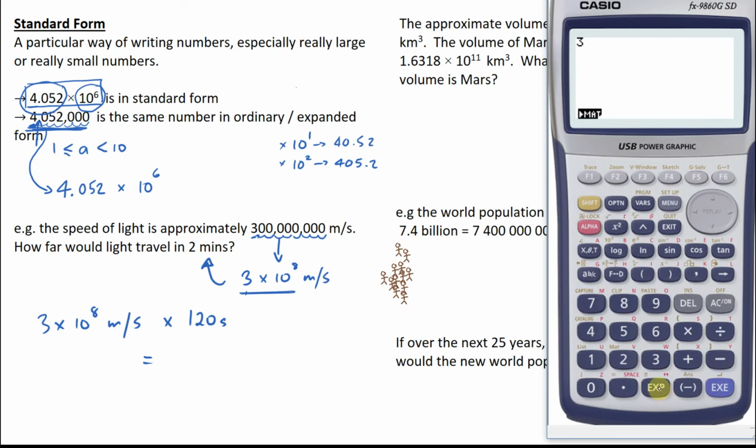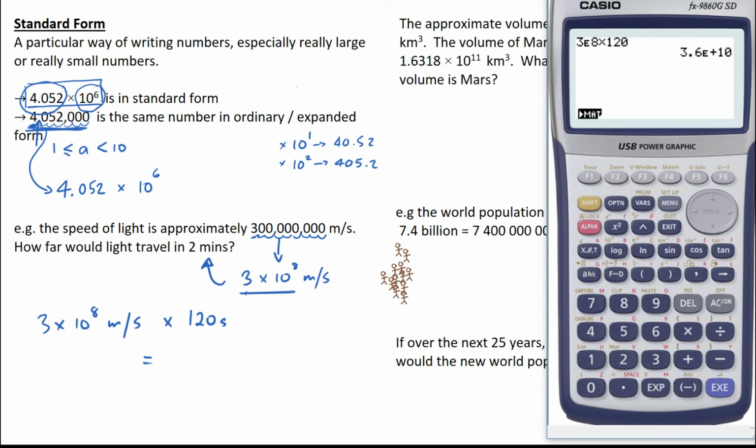All you do is press the EXP button and an E should appear on your screen. So what you've just entered into the calculator is 3 times 10 to the power of, and now the calculator is just waiting for you to enter the power. In this case it's 8, and then we're just multiplying that by 120.